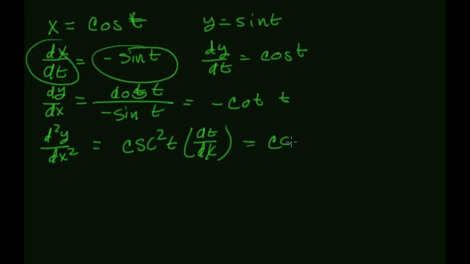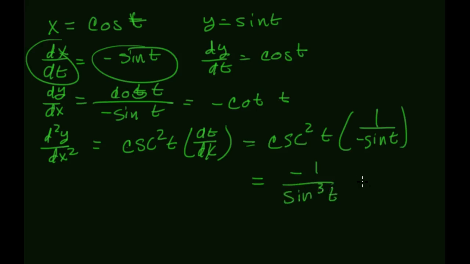So this is the cosecant squared of t times 1 over negative sine t, but the cosecant is already 1 over sine t, so this is going to be negative 1 over sine cubed t. We have 3 of those in the bottom. So there we go. We found the second derivative of dy/dx at time t.